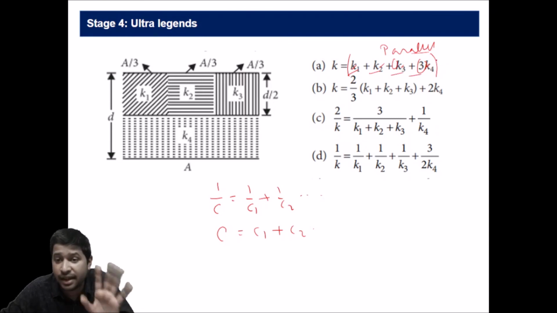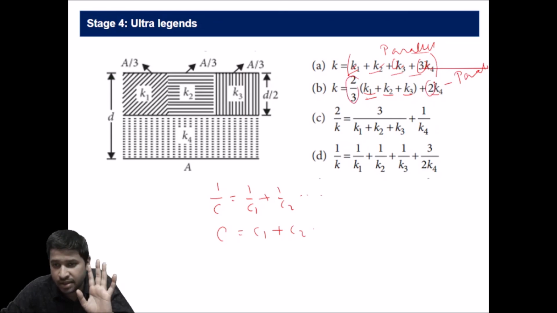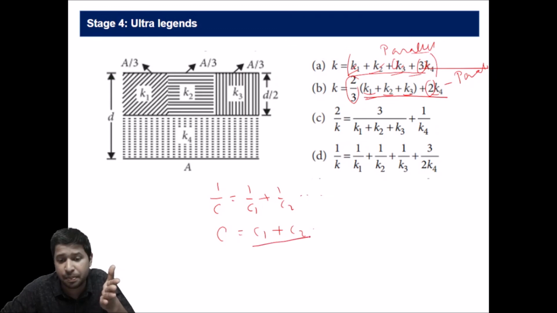This is entirely parallel. Similarly, if you look here, this is also some K1 plus K2 plus K3 plus K4. This is also entirely parallel. These constants may differ because of the areas and distances being different, but the structure is A plus B plus C plus D. This also A plus B plus C plus D. So this is nothing but completely parallel structure.